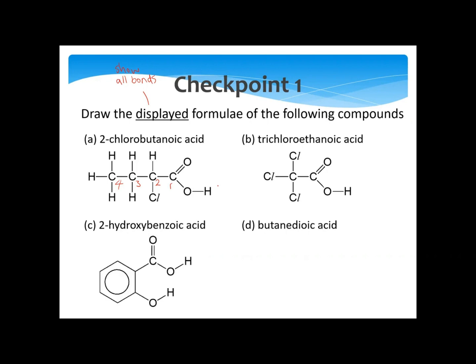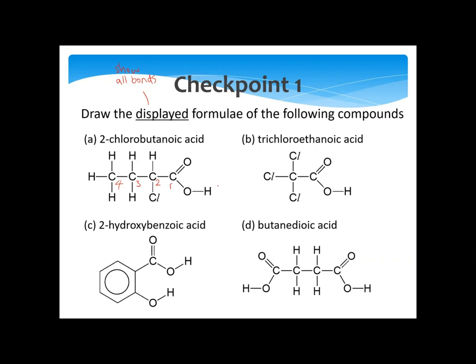You can see if we draw benzoic acid first, followed by the OH group, it will probably be easier for you as well. And the last one, butanedioic acid. There are 4 carbons in butanedioic acid, and the 2 carbons at the ends will be part of the COOH group.